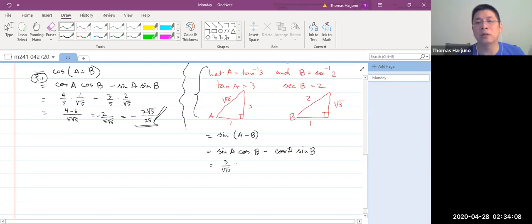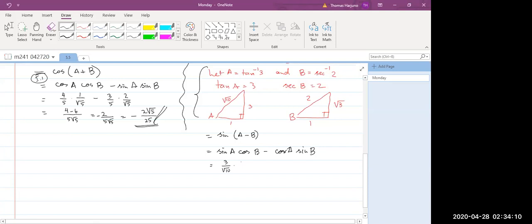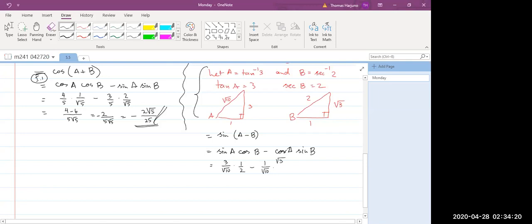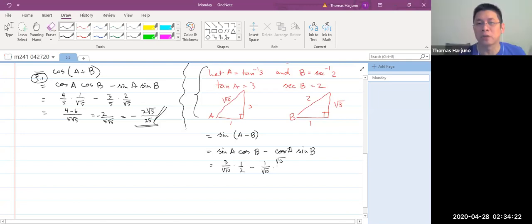Cosine B is 1/2. Cosine A will be 1 over radical 10. And sine B will be radical 3 over 2. So that will be 3 minus radical 3 over 2 radical 10. Rationalize the denominator, I get 3 radical 10 minus square root of 30 over 20.